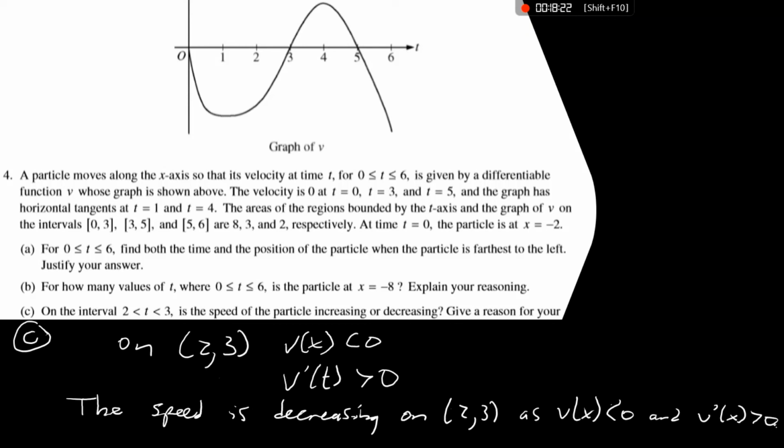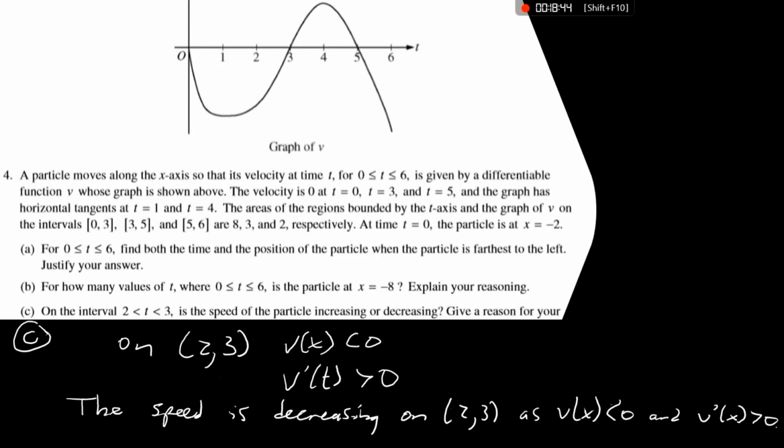I kind of answered that one for you, so I'm going to ask you another one. Can you give me another interval where the speed would be decreasing? 4 and 5. Okay, on 4 to 5, velocity is positive, acceleration is negative.